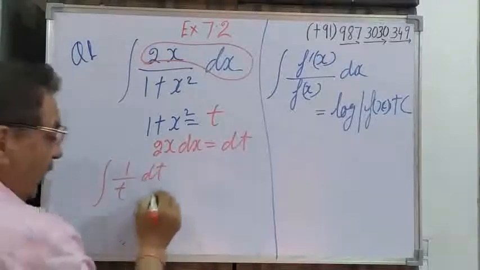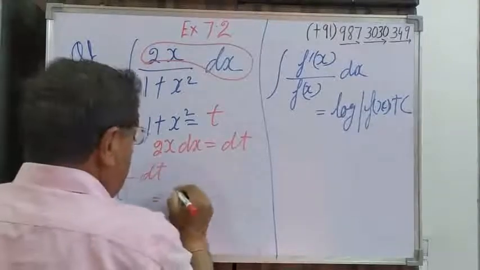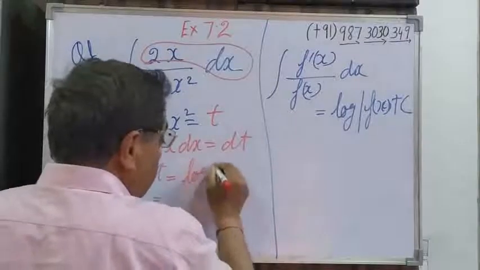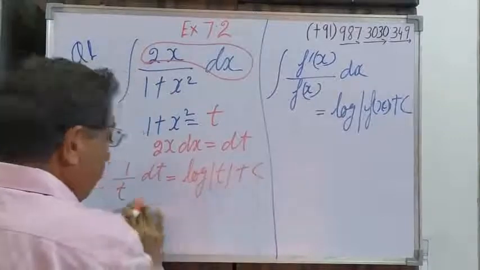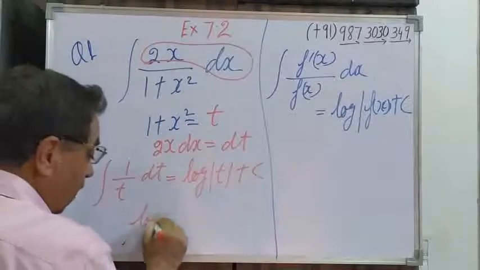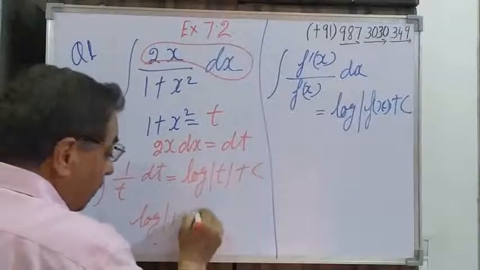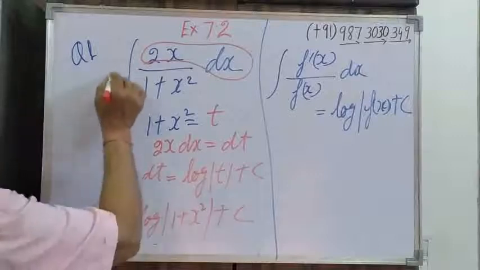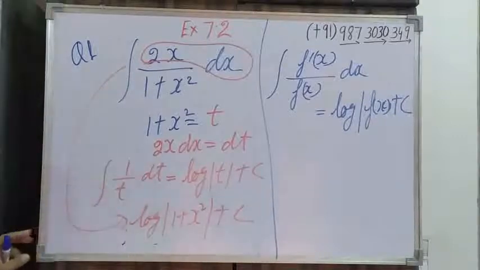The integration of 1 by t is equal to log of t plus c. And now what is t? It should be replaced back. The answer to the first question comes to be log of 1 plus x square plus c.